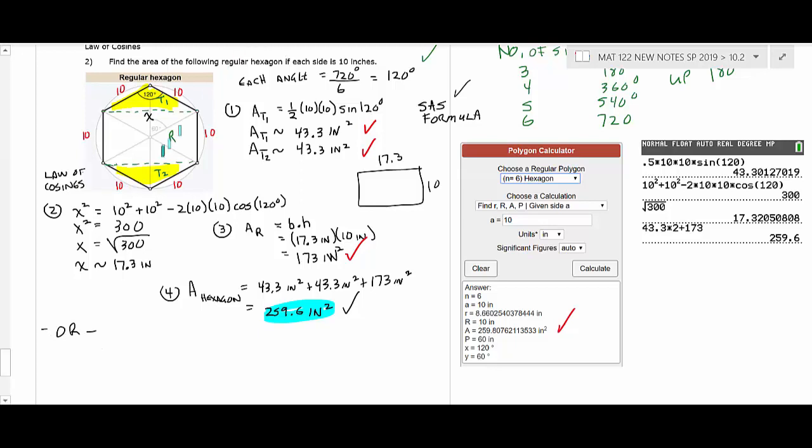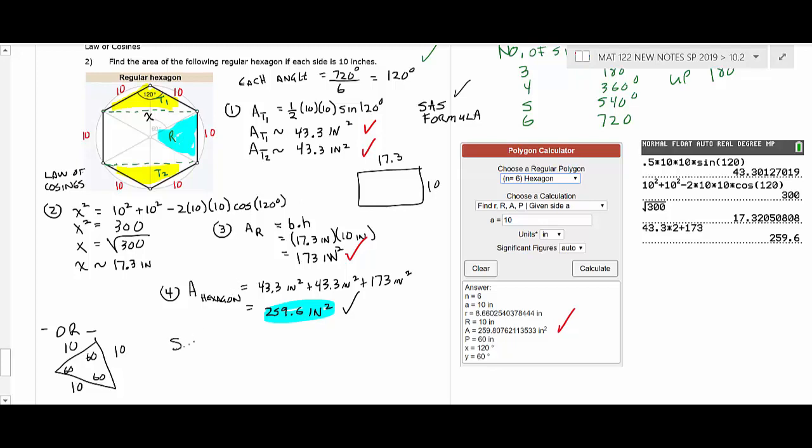So if you look at this inside triangle right there, it turns out that these angles get bisected, cut in half. So you would end up having basically a triangle with all of the angles 60. And then you would have 10 and 10 like that. So you actually could use Heron's formula to do that.